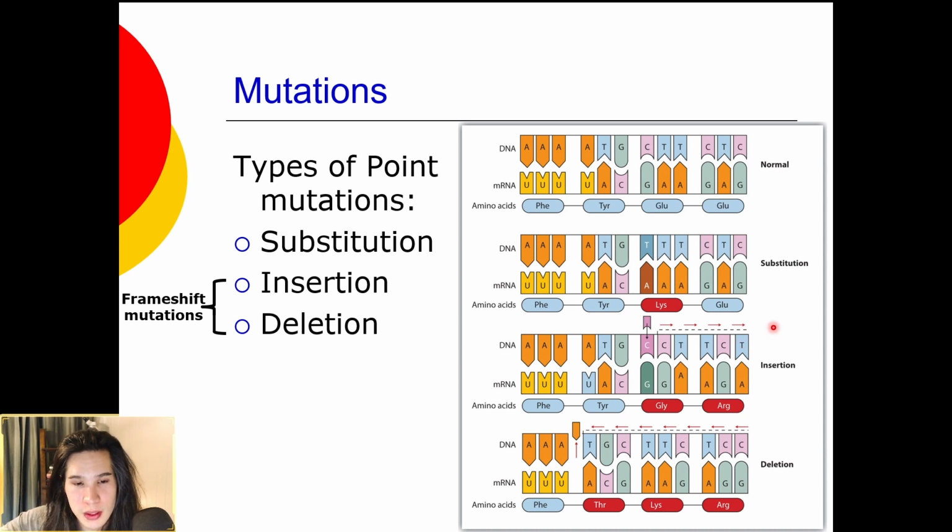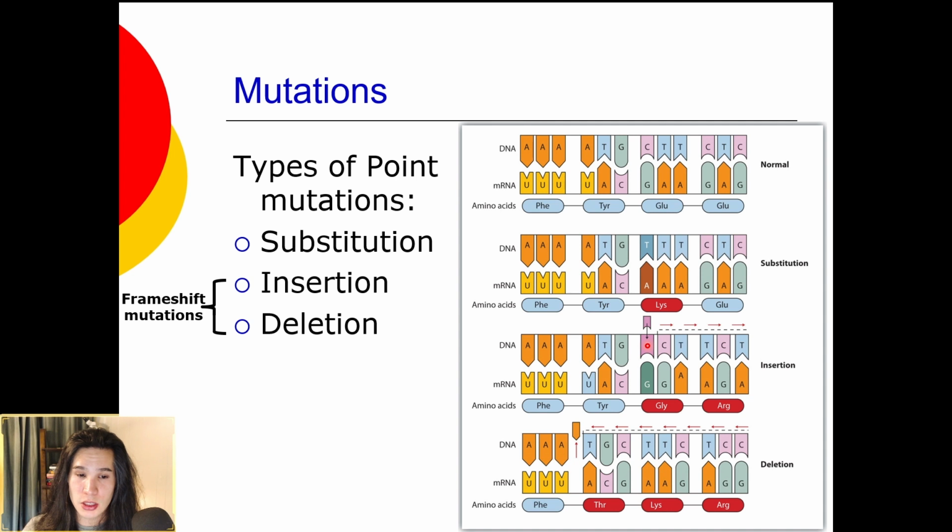Instead of it going from CTT to CTC, now you have CCT, now you have TCT, and so on. So everything after that point, everything after that insertion mutation is affected. So if this was coding for a gene that was useful or necessary for life, you're not going to be living after this mutation, or at least that cell is not going to be living after that mutation. Now, if this happens in a germline stem cell, oftentimes that could lead to a non-viable gamete.